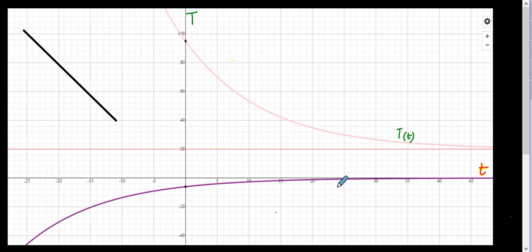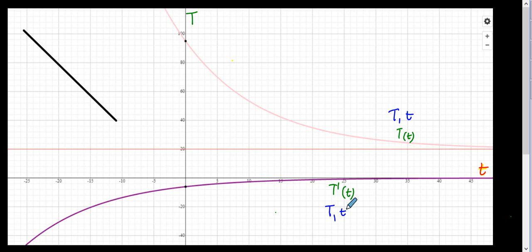However, this function here, that's the derivative function. Like I said to you, the main function has two letters, big T and small t. It will be the same here, big T and small t, isn't it? Because it's between the two axes.